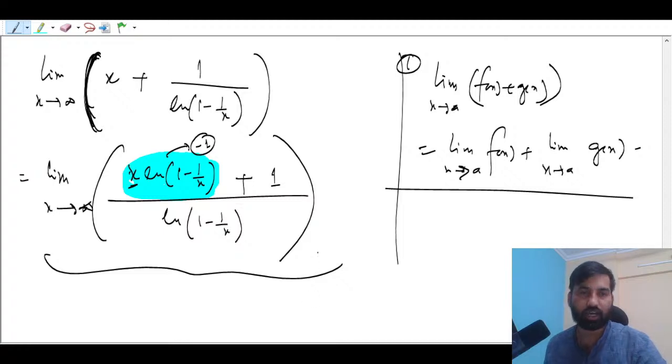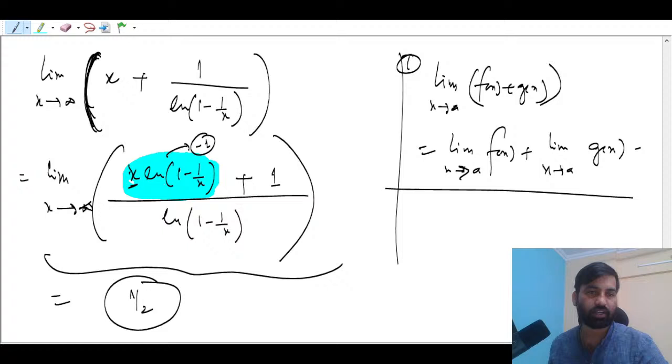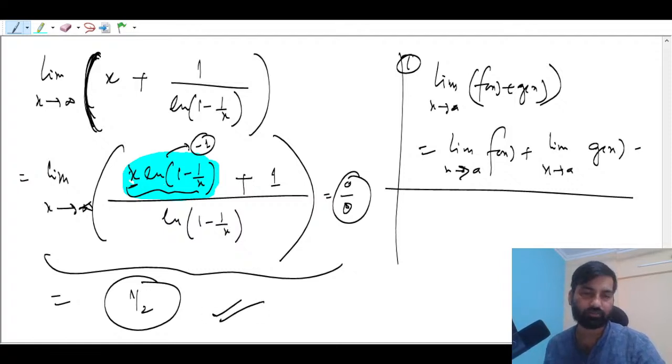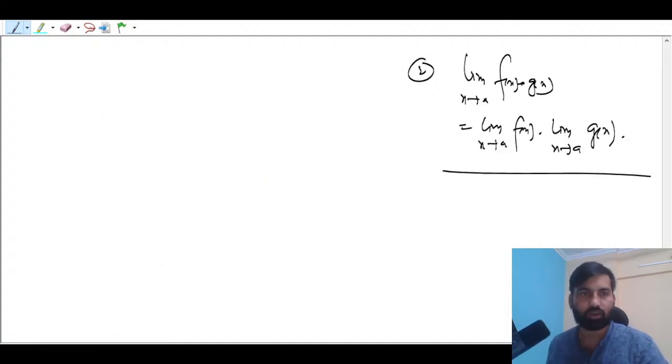The answer for this question is going to be 1 by 2. This will be 0 by 0 form only when this part is minus 1. You do this question on your own. I gave you the hint. Next, I'm just going to solve the next indeterminate forms.